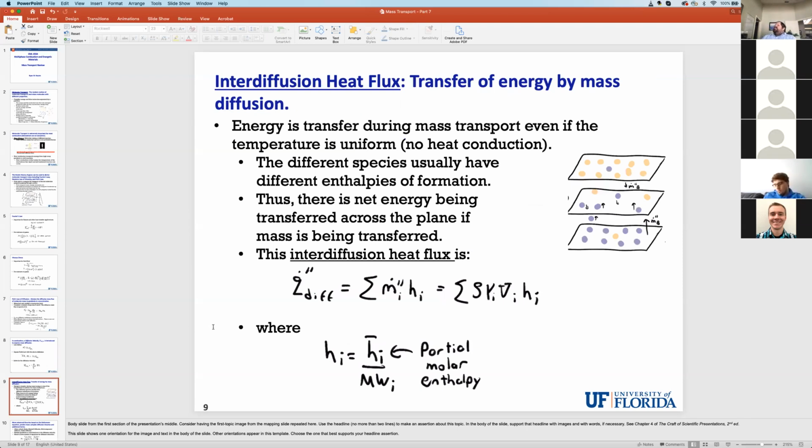Now, one thing we need to consider is that along with the mass that's being transferred during diffusion, there is also energy being transported. Even if the temperature of the blue molecules and the orange molecules is the same, there will be zero heat conduction flux, but there can still be a net energy transported across our plane here.